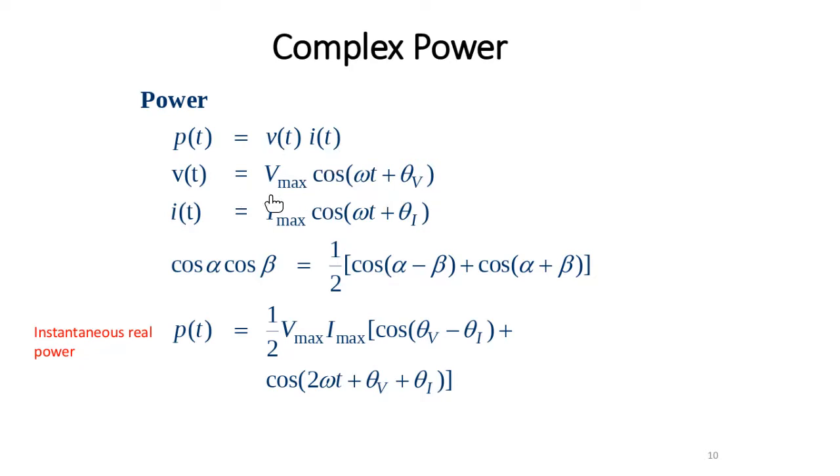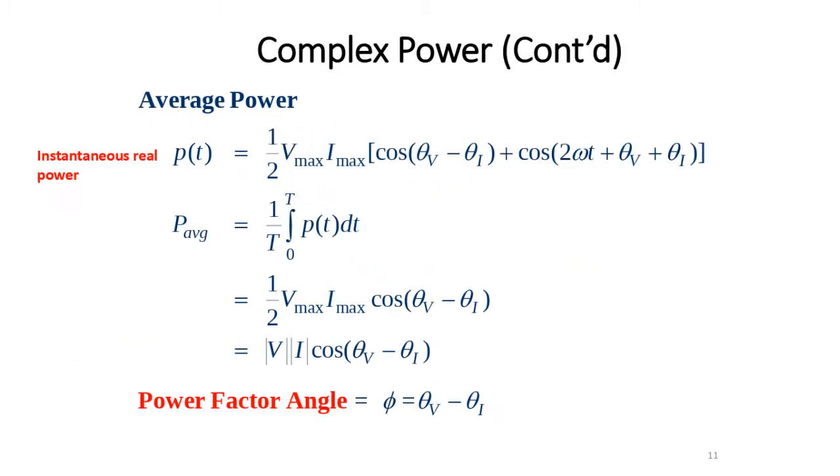Again, now you will put the maximum because it is the instantaneous voltage with instantaneous current. And then you will come up with the instantaneous real power. So this is the equation of the instantaneous real power. It's a function of time. Half V maximum, with this one. We call it instantaneous real power.